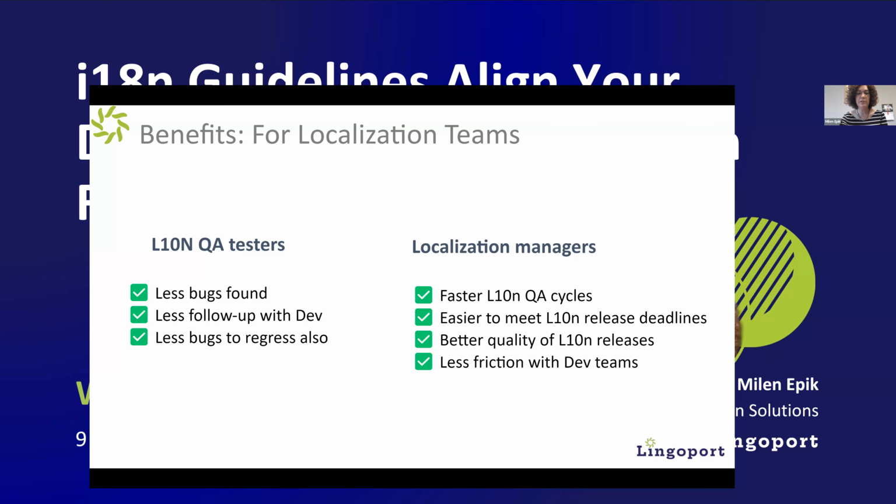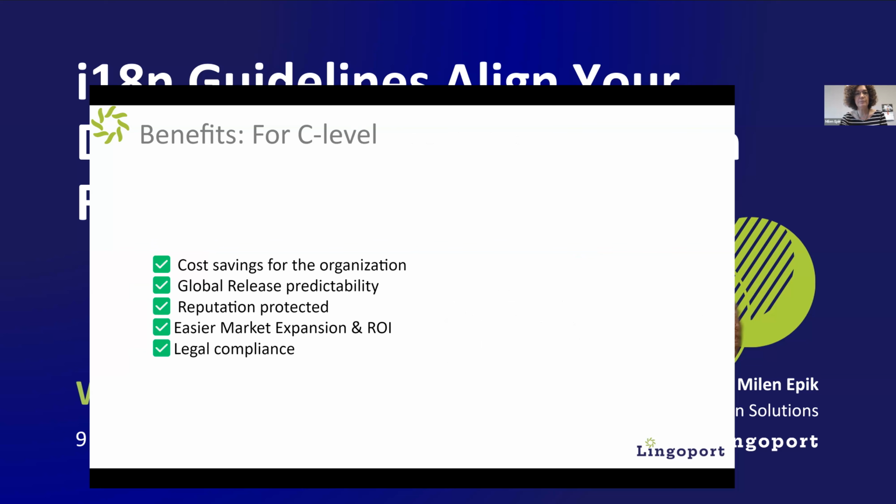And for localization managers, shorter QA cycles will mean that localization releases are going to be easier to meet the deadline with, and the quality is going to be better. Again, better collaboration with dev teams, less competition for the time of the developers.